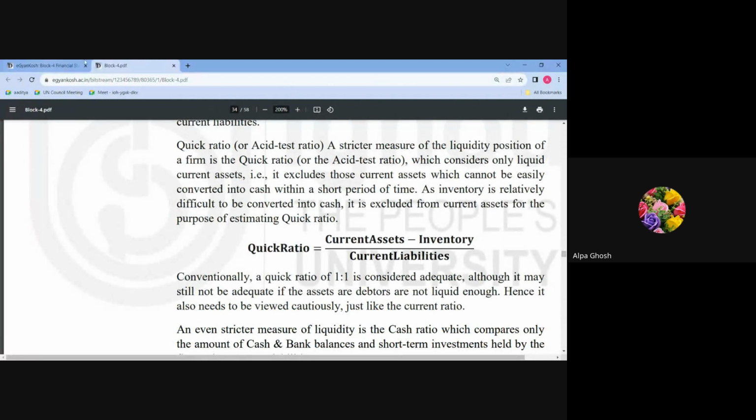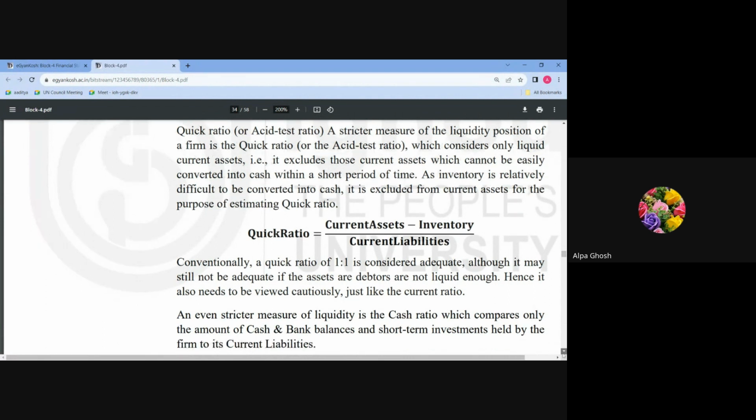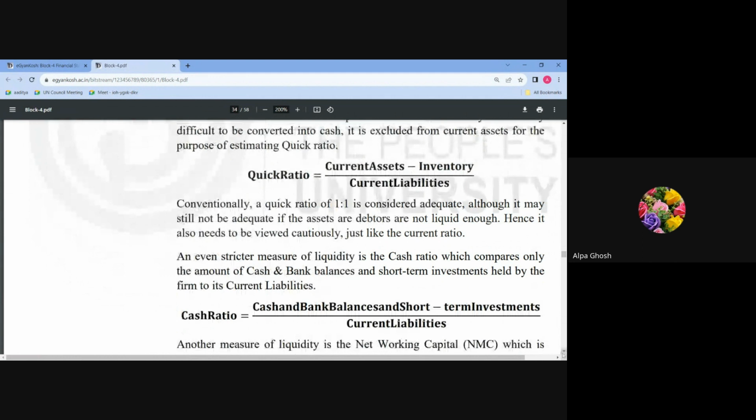So when we start with finding the relationship, finding the liquidity position of the company, we are narrowing the concept. So quick ratio is, I told you, we can have 1:1 also. So if you minus inventory from current assets, you can have 1:1 as your quick ratio.